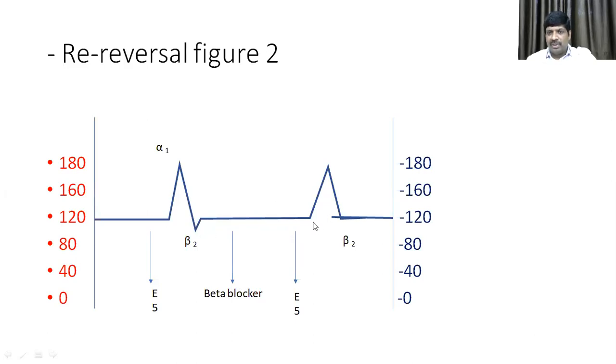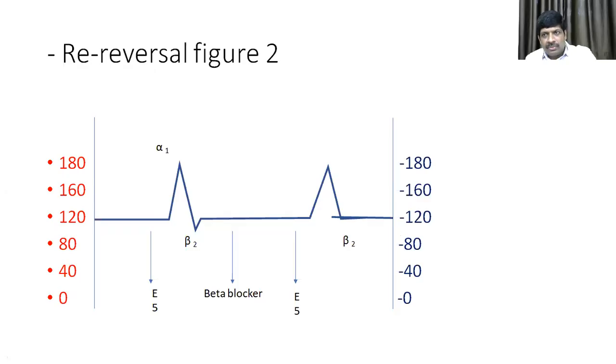Only this response, only the increase, and that is the alpha 1 mediated response. Beta 2 you will not see. So here again this is wrong. Here it will not be beta 2, it will be only alpha 1 receptor. So the alpha 1 mediated action you can see here, and then you will get the normal tracing again.